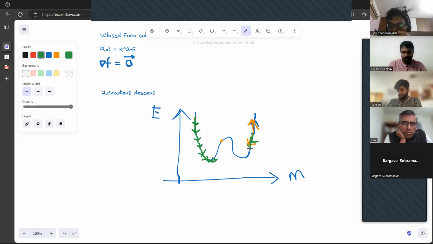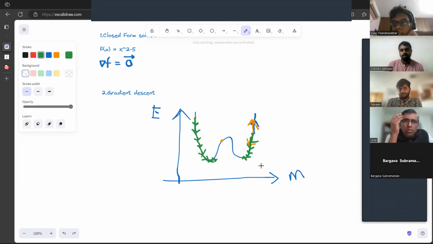At each step, the magnitude of the slope will keep decreasing. And then at that point, the slope is 0, right? Now, this is not a fantastic graph, but if you look at it, this minima is certainly not the global minima. The global minima is on the other side, right?